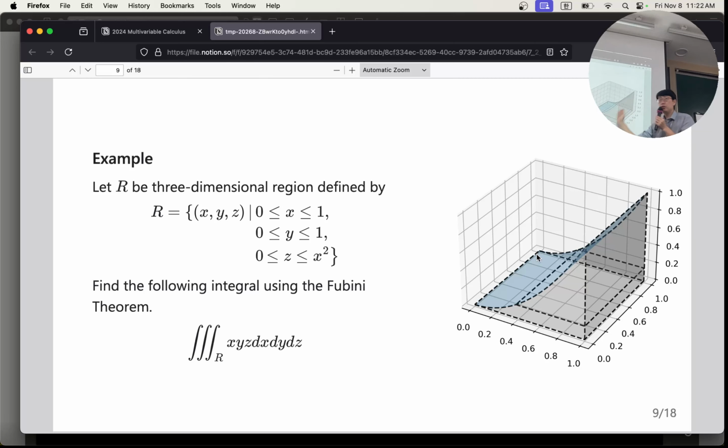So what's the range of y? When you cut this volume perpendicular to the x-axis, what's the range of y of that section? 0 to 1, yes.